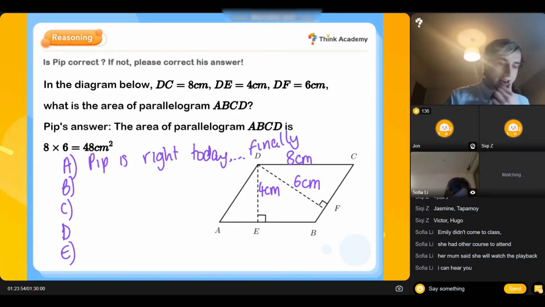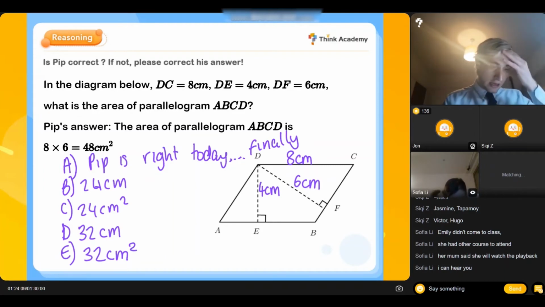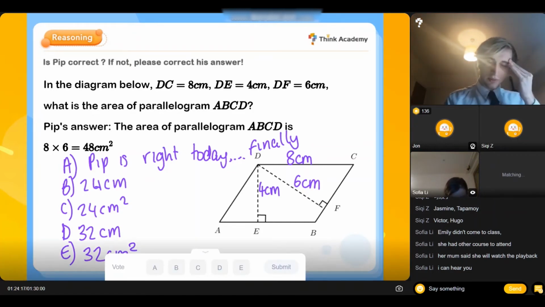We're going to have 24 centimeters squared, 48, and then we'll have 32 centimeters and 32 centimeters squared. Right. What's our area going to be?